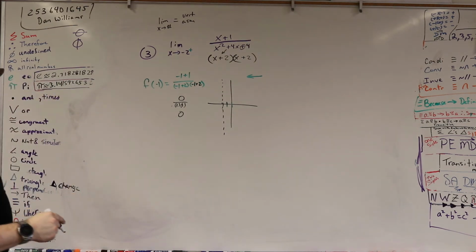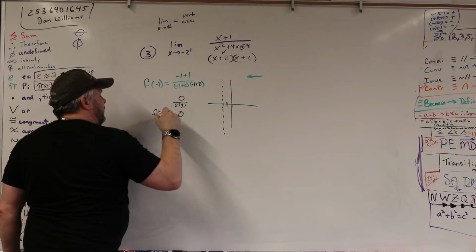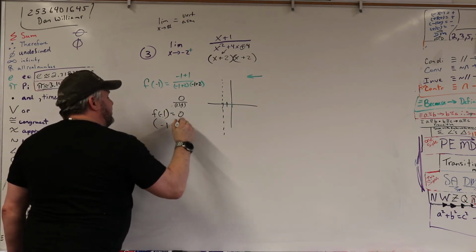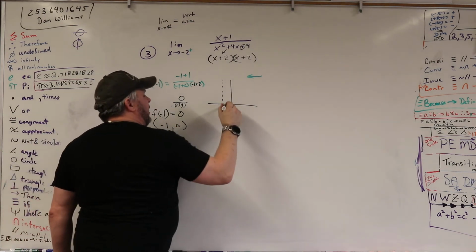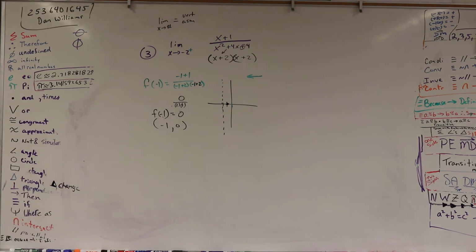So what we're saying is f of -1 is equal to 0. That gives me a point of -1 and 0. So at -1, I'm at 0. That makes sense? Now we're going to plug in 0.